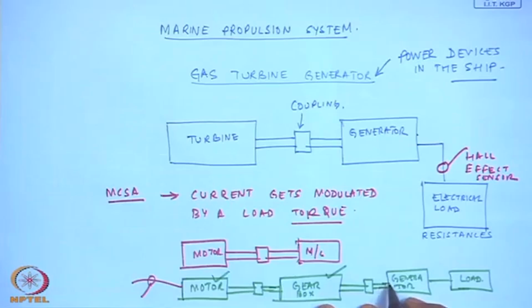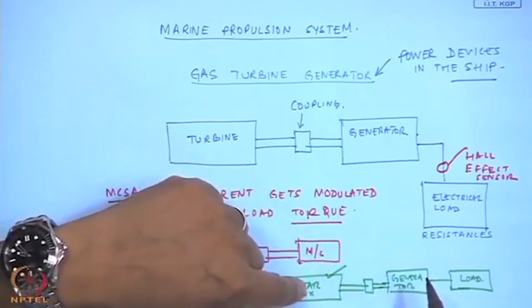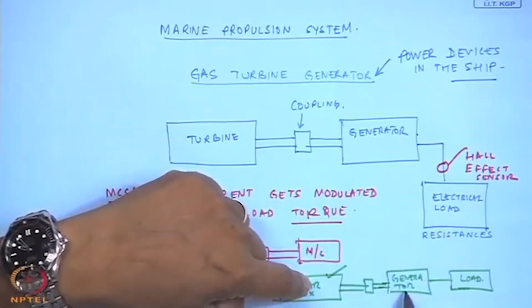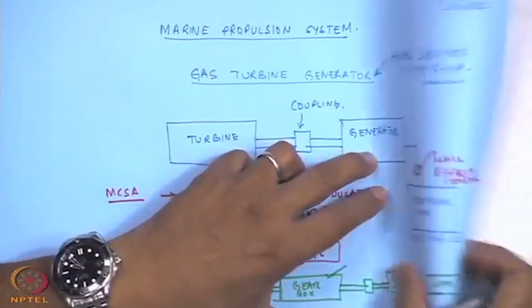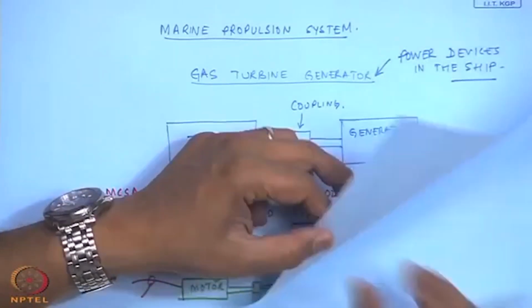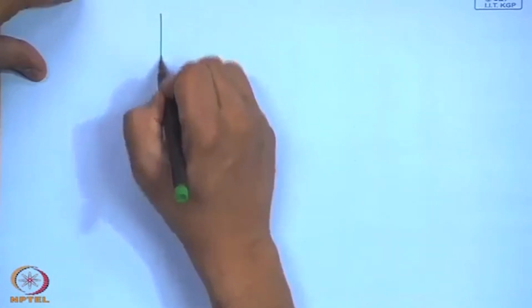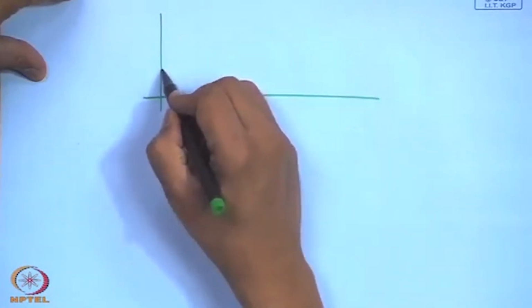Now, the other way also happens: if there is a load defect in the gearbox, the voltage which is generated by the generator will have ripples.